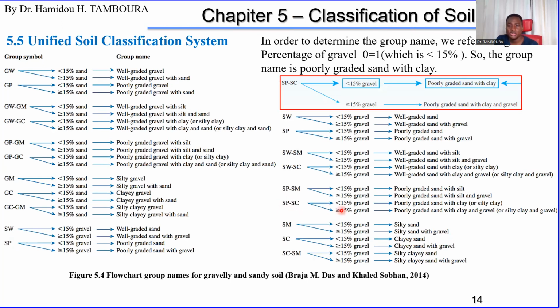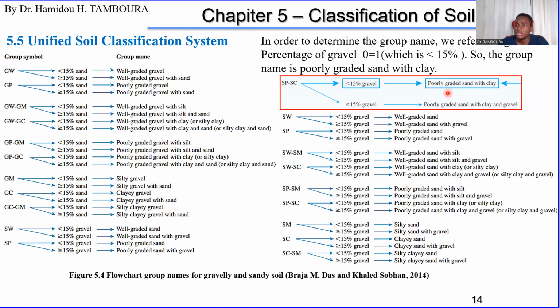Since the group symbol is SP-SC, we are here. Okay, it means it will be these two possibilities, this or this possibility. And what will guide us is the percentage of gravel. The percentage of gravel is less than 15% because it is 0.